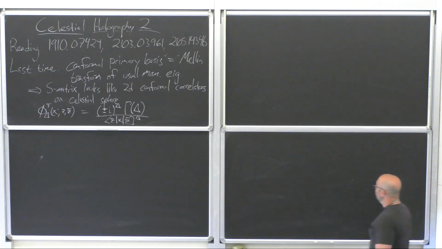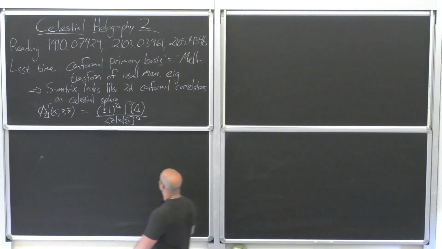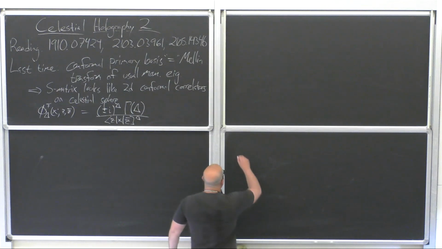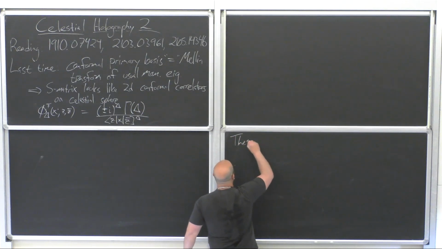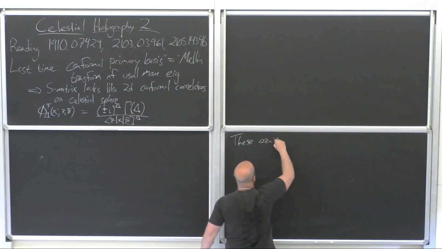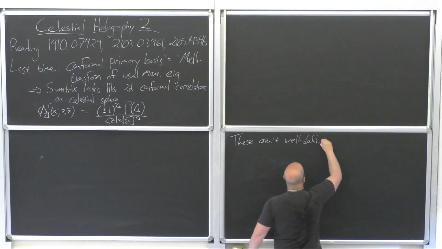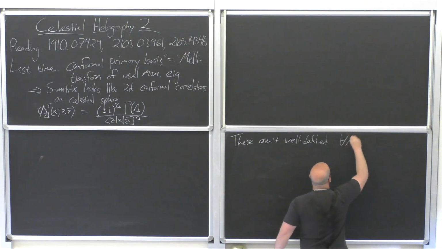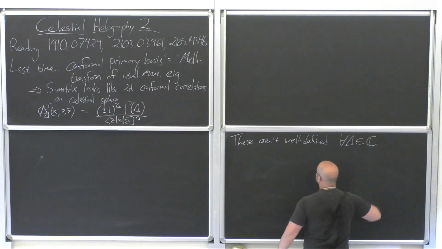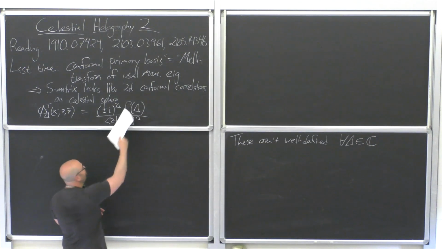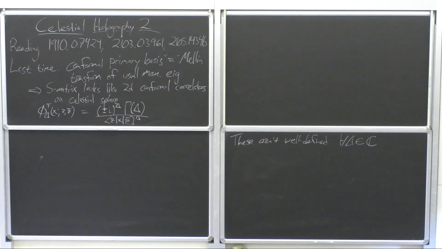Okay, but some of you who've played this game before or were particularly astute yesterday may have noticed that these things aren't really well defined for all delta in C. So why not? Because of this gamma function that's hanging out in the numerator, right?